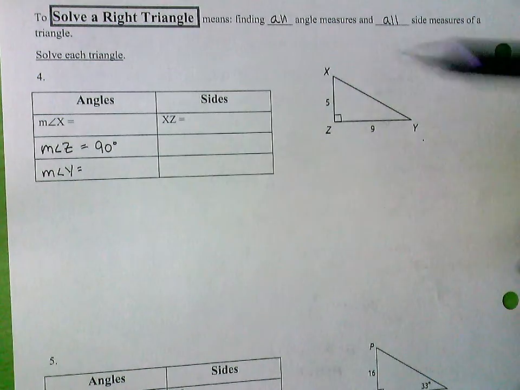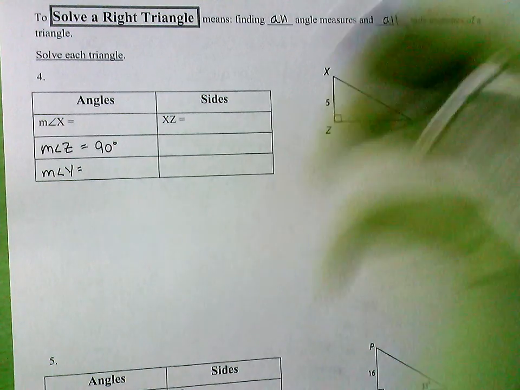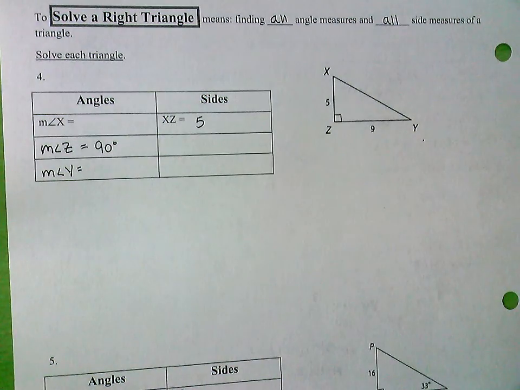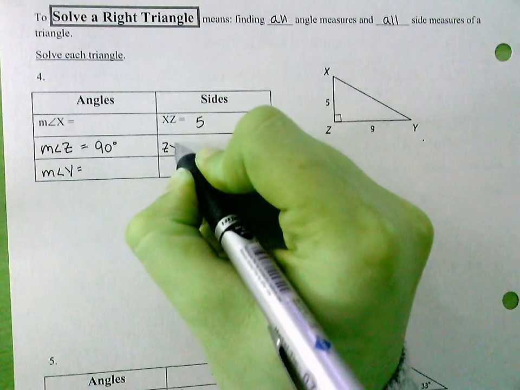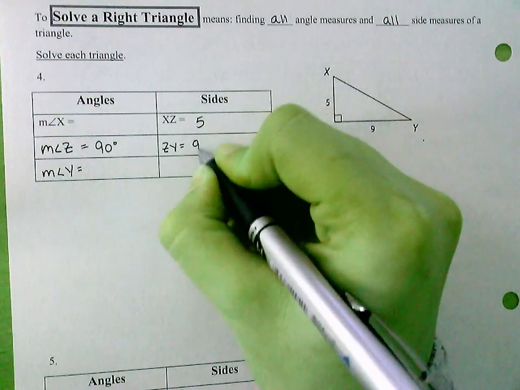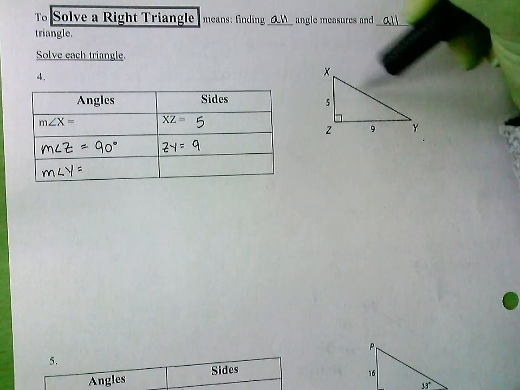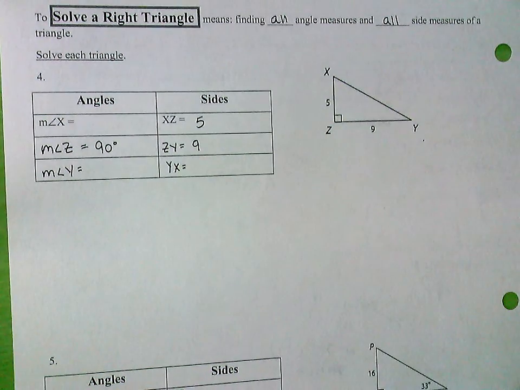With my sides, I have side xz. That side is 5. I also have side zy, so I'll write zy in that table there. That is 9. The last side here is yx. And again, I don't know that one yet.